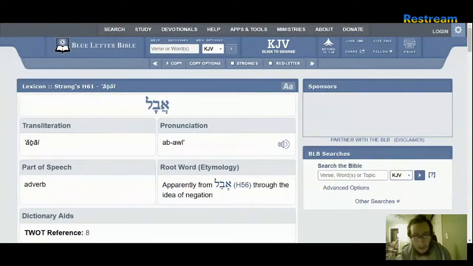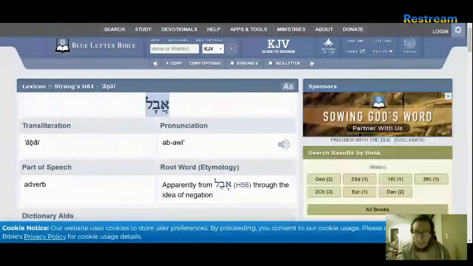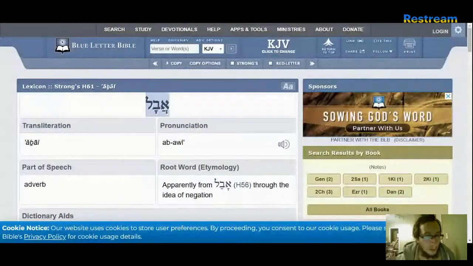So the last one, let's see if there's anything. Yeah, for some reason they don't show the etymology on Wiktionary.